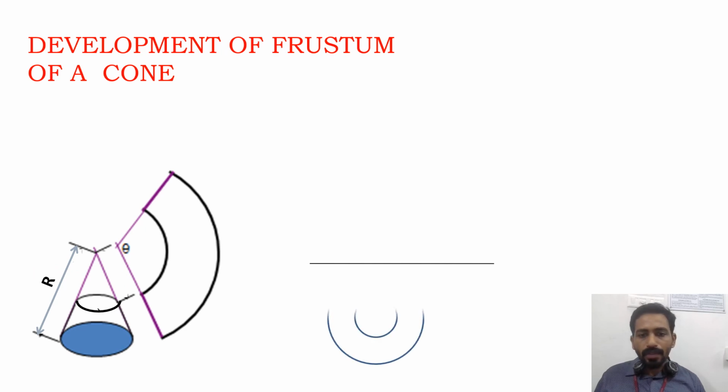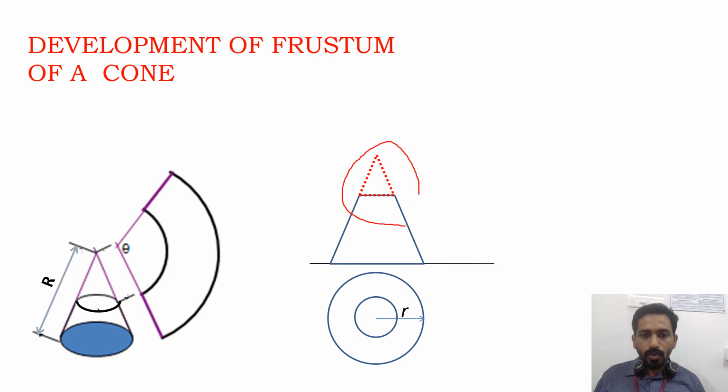Here I have the top view or the characteristic view of the frustum of a cone. Let this be the base circle radius r. Now we have extended the frustum of the cone so that I can find the point O dash, or the apex.